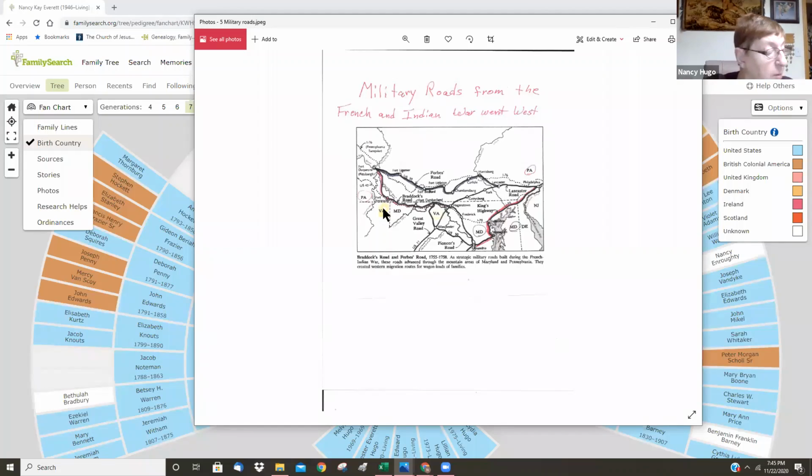So what were the dates for the National Road? The National Road was built in 1818 to 1838. So your family might have gotten there before that. 1805 is earlier than 1818. The ones that ended up in Indiana, I have to look to see when they actually went to Indiana.